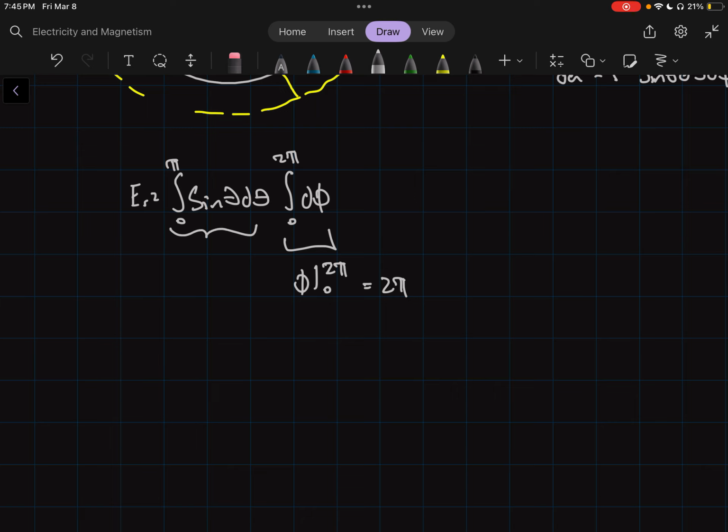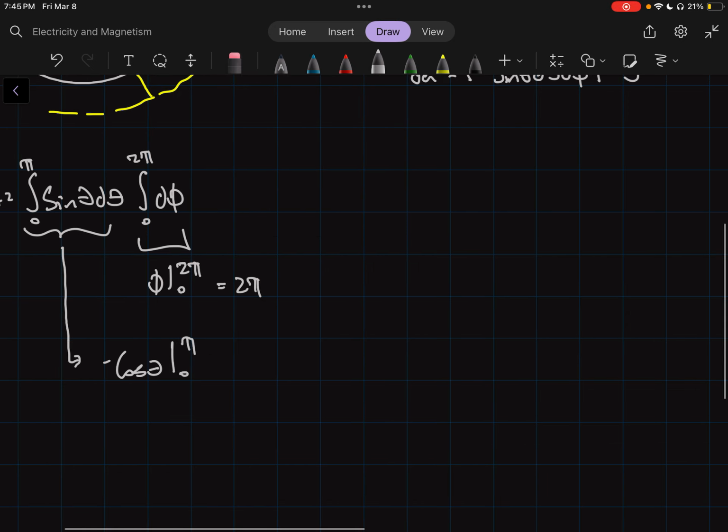With this one, we can see that this will give us minus cosine theta from 0 to pi. Minus cosine of pi is going to be minus negative 1, minus negative from the negative cosine. Cosine of 0 is 1. So this will give us 2.